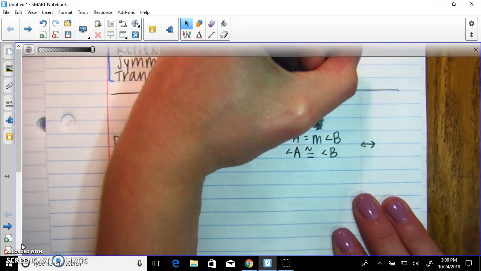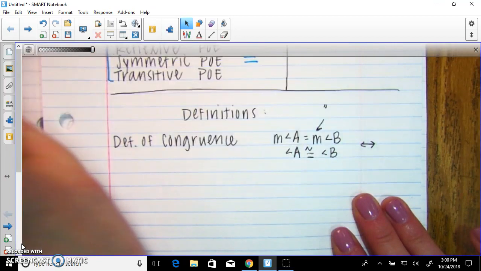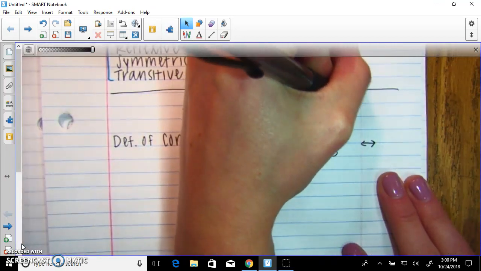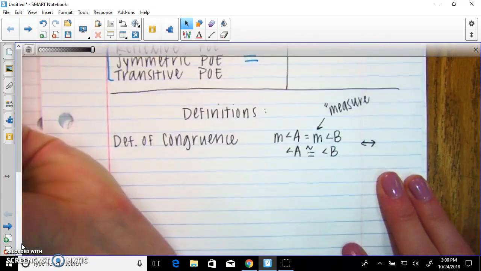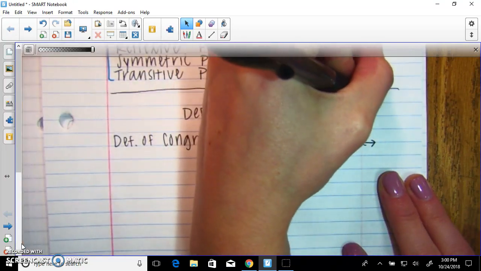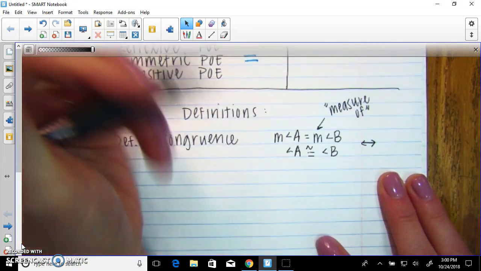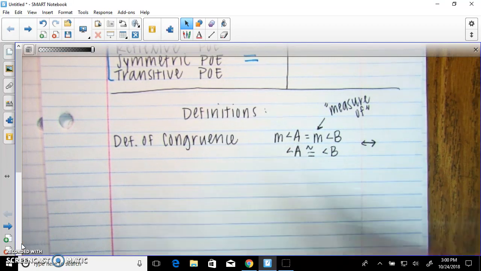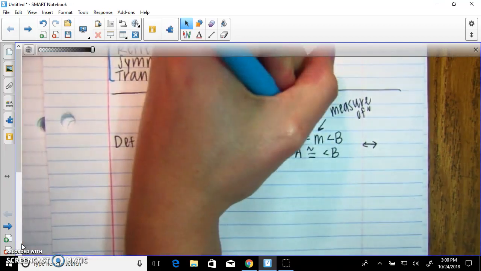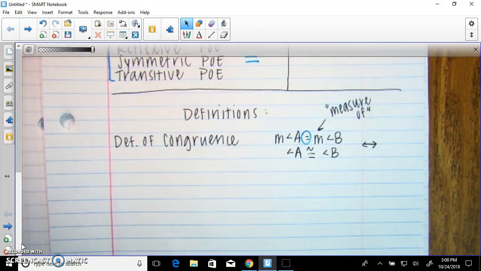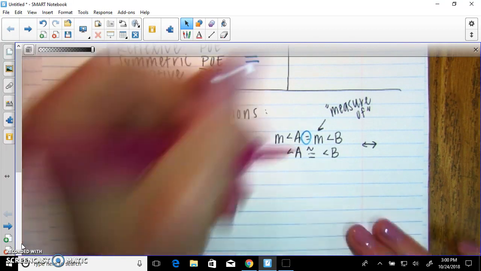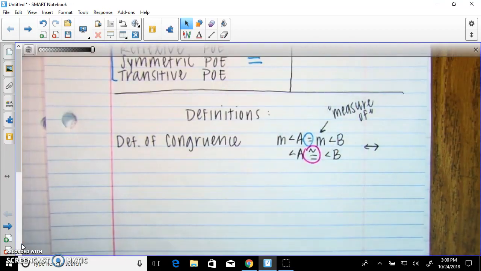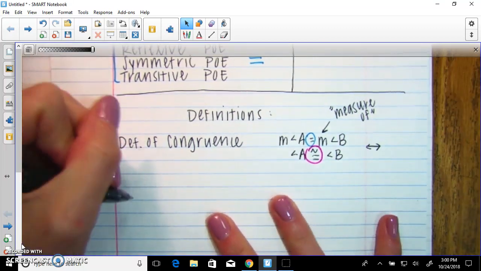So anytime I put a little m, that means I'm saying the measure of. Okay. And anytime you use the measure of, it's going to be a statement of equality. If I don't have the m saying the measure of, it's talking about the figure, so it's a statement of congruence. So that's the definition of congruence.